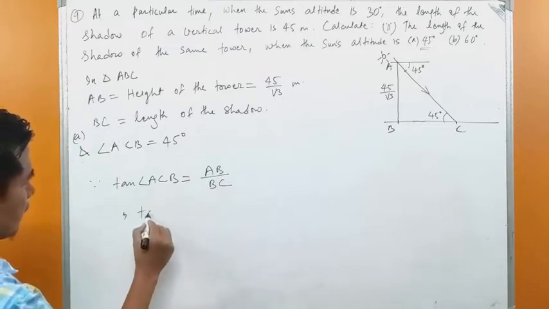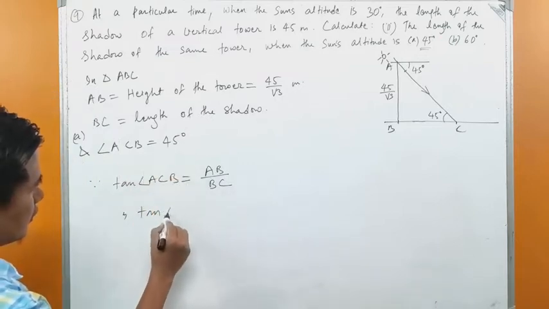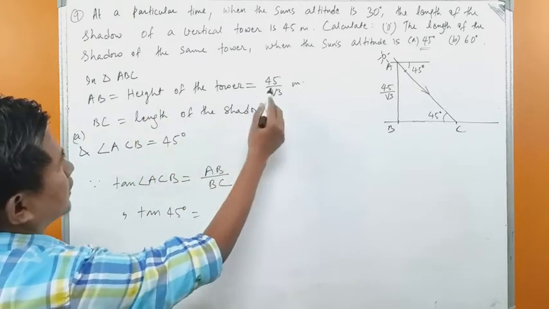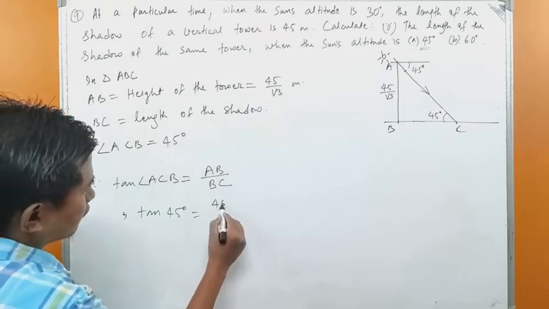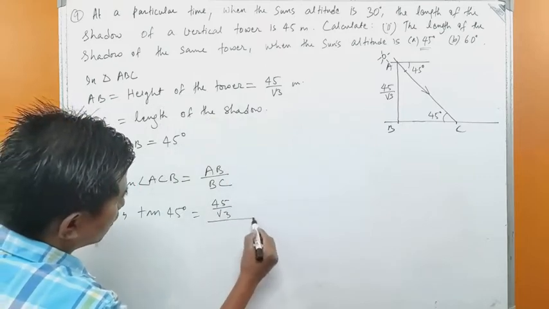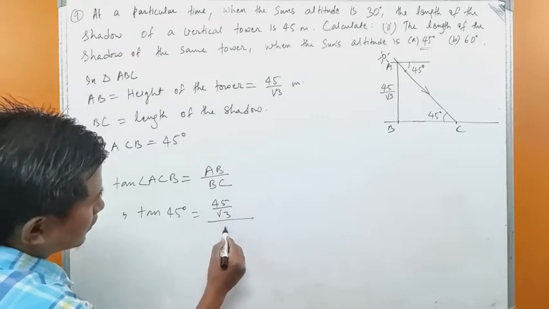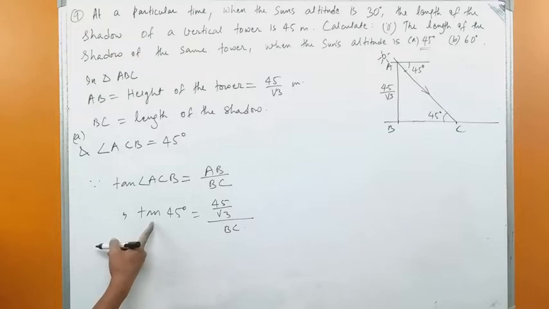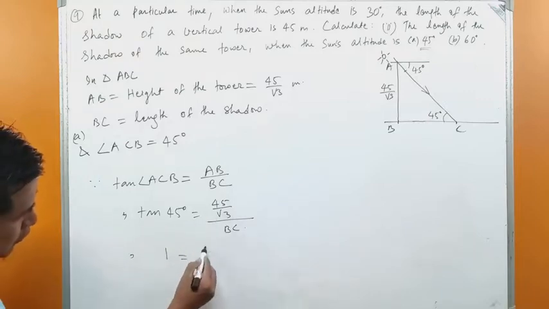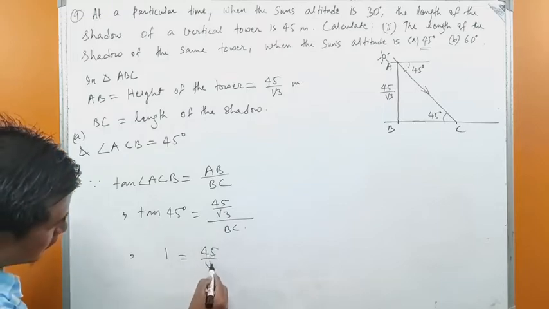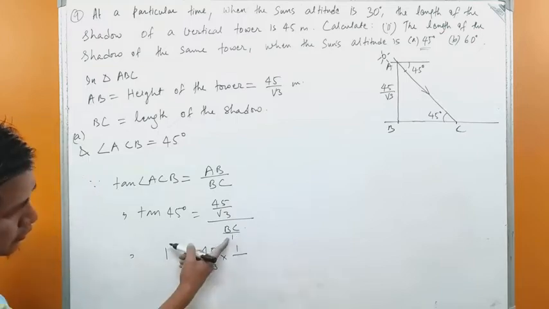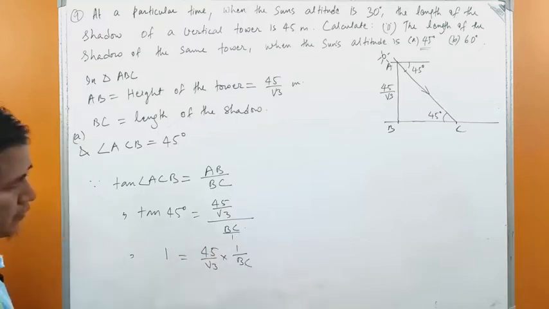So tan of angle ACB means tan 45 degree equals AB, the height of the tower, 45 by root 3, whole upon BC. BC we don't know, we are asked to find BC. So this is tan 45 degree, isn't it? Tan 45 means 1 equals 45 by root 3 into 1 upon BC.